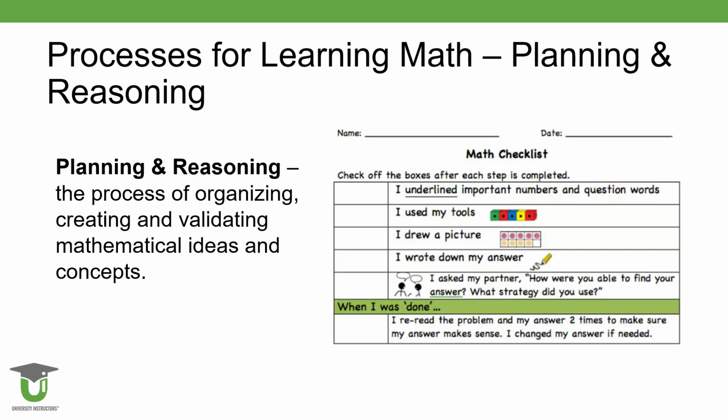Students are given a task and must simultaneously employ multiple processes: visualization, directionality, spatial memory, selective attention, and sequential processing are all in play when students plan for how to solve a problem and then determine if their answer is reasonable.